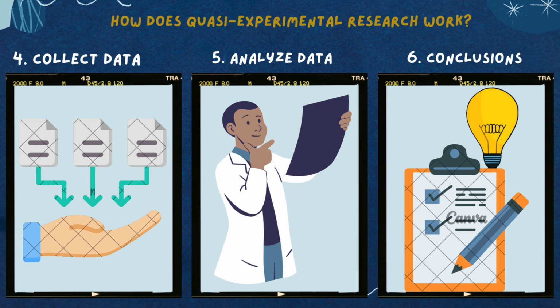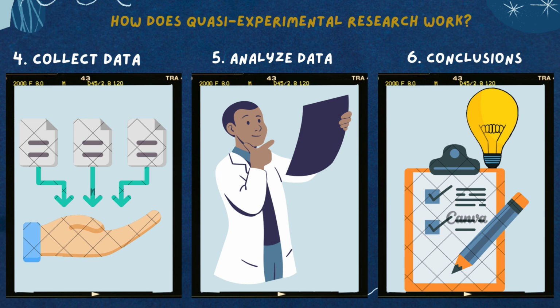Now, one of the most important steps: analyze data. After collecting the data, the next step is to analyze the data to see if there are significant differences between the groups. This usually involves using statistical methods to compare the results of the two groups.